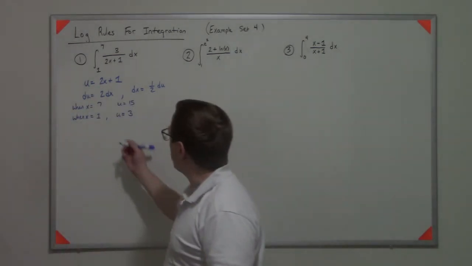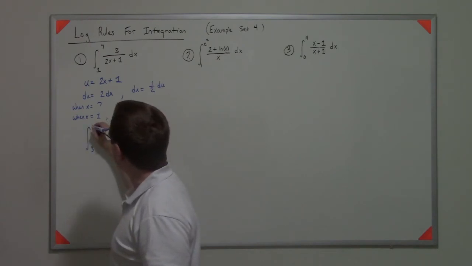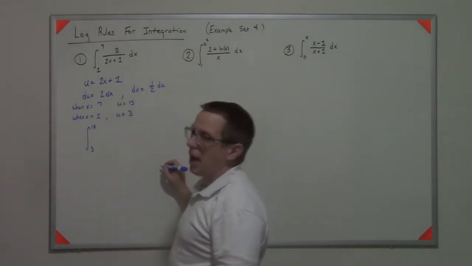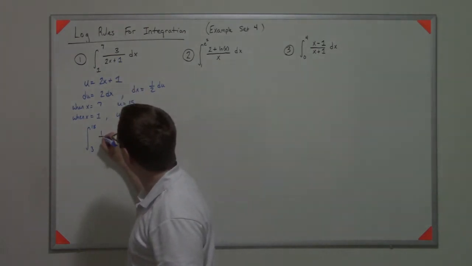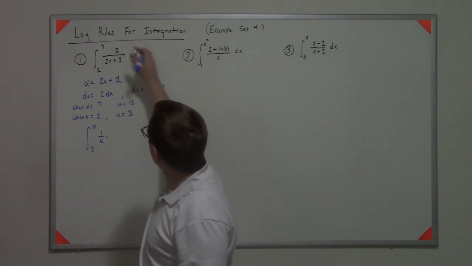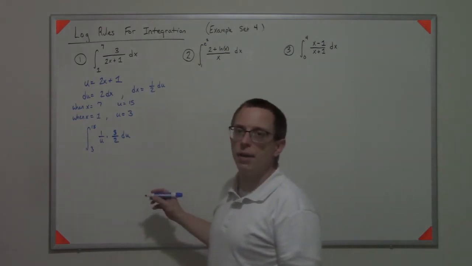So remember, we just plug into this equation to get our new limits. So now what we have is an integral that goes from 3 to 15, and this becomes a u, and then we have a 3 and a 1/2 du, so that's a 3/2 du. So we can pull out that 3/2.